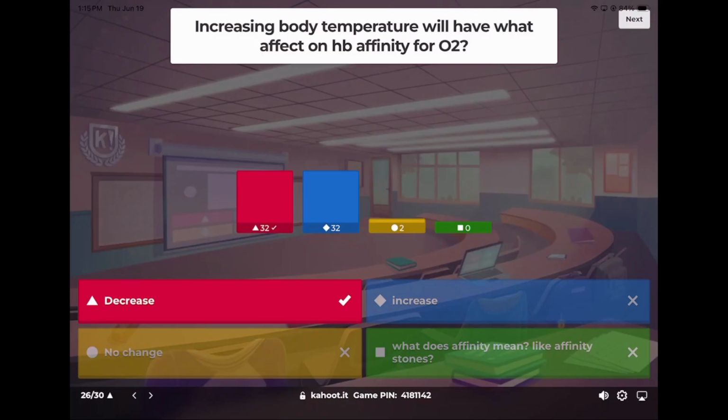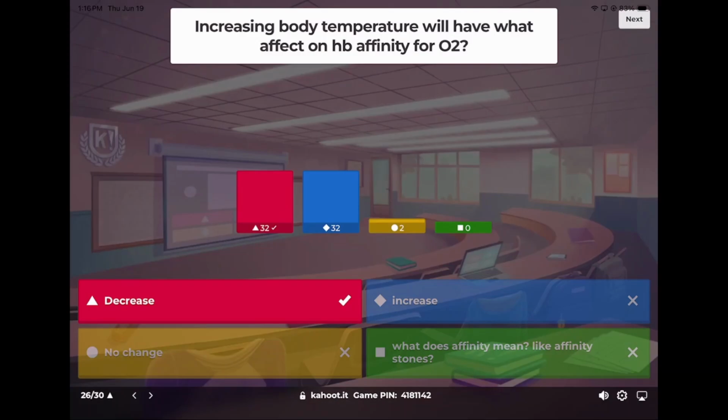When we increase our body temperature, let's make it as simple as possible and go back to exercise. You've all exercised, you all feel your body temperature going up. When you're exercising, what do you want to get the most oxygen? Your muscles.